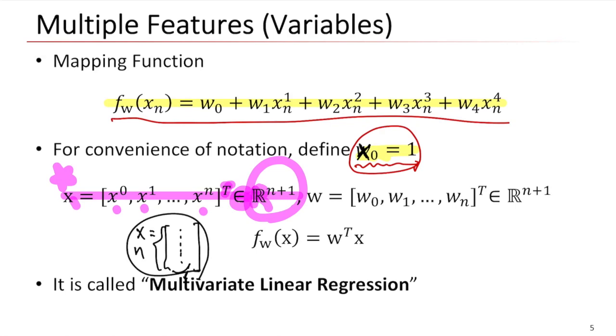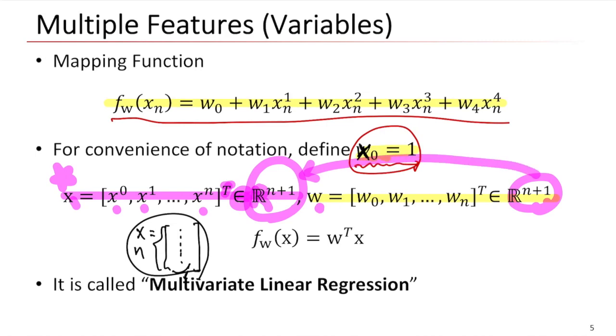Similarly, we can represent the parameters that describe our mapping function like this. The size of this parameter vector is the same as the input vector, right?